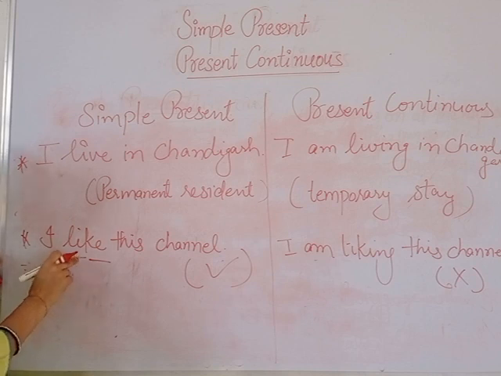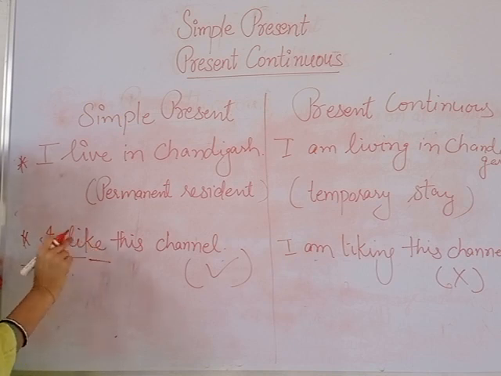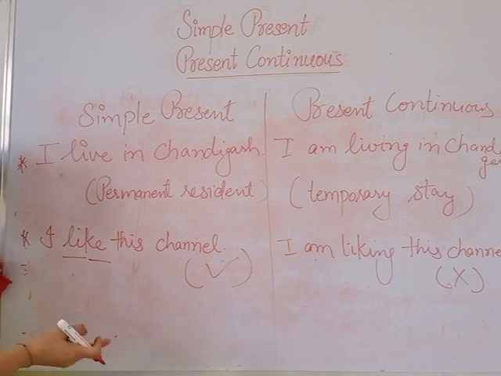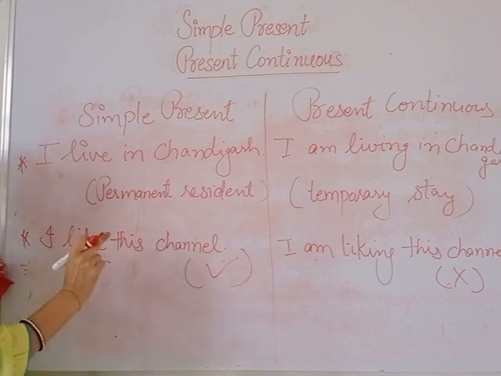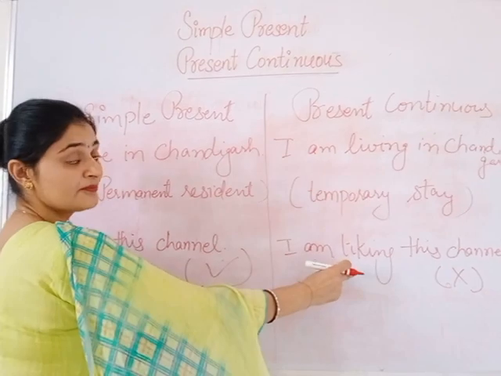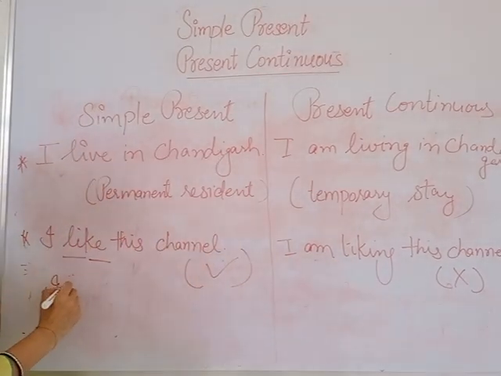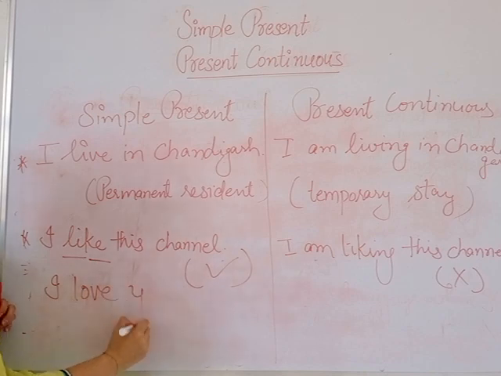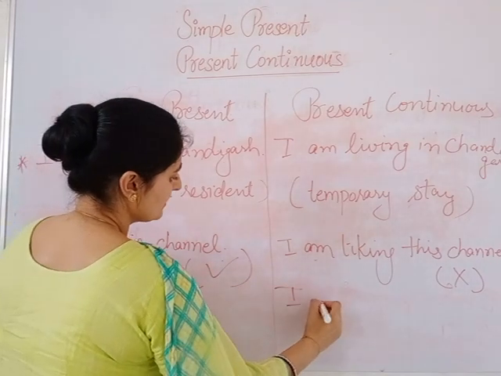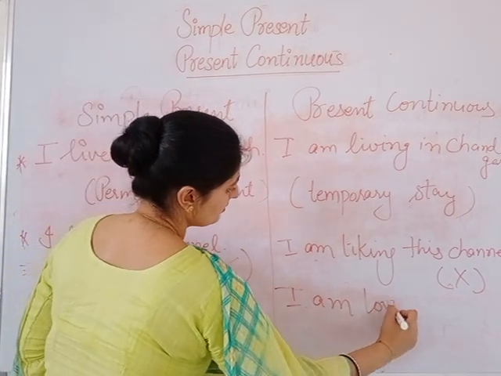Not any action is happening here, it's your liking. Okay, the stative verbs include words like love, hate, like, wish. Okay, so these words are never used in their continuous form. Another example I take here. I love you. I can't say that I am loving you.